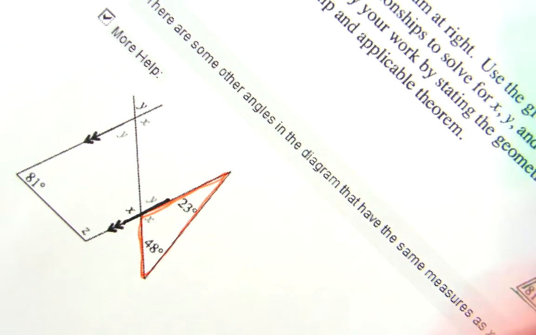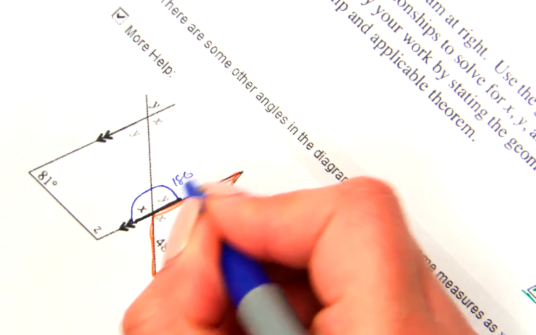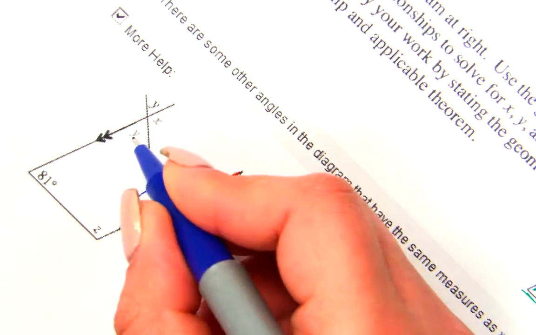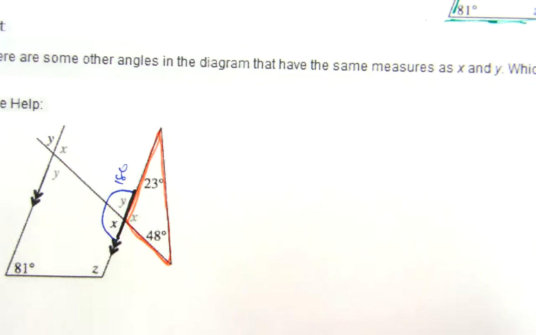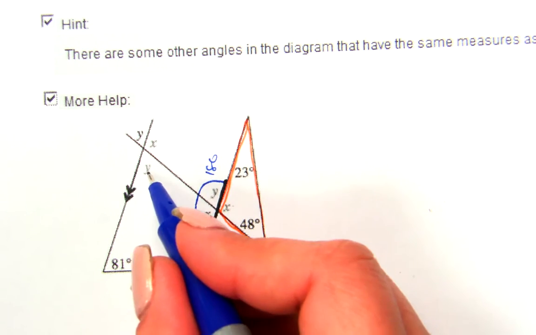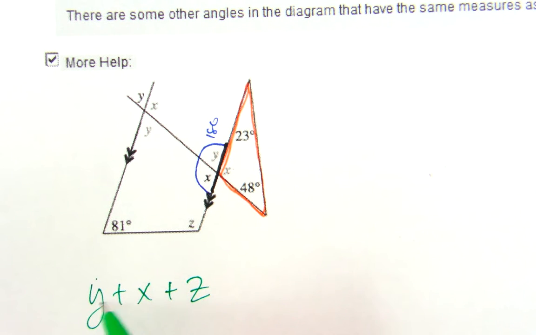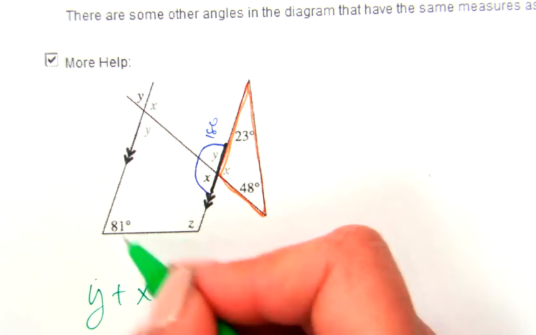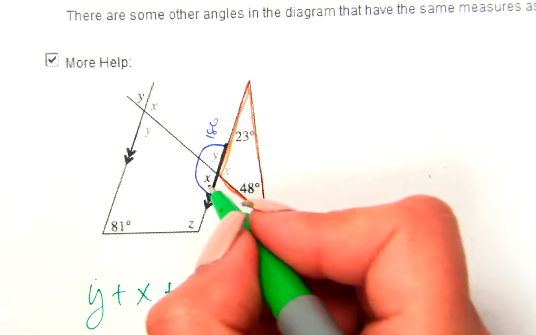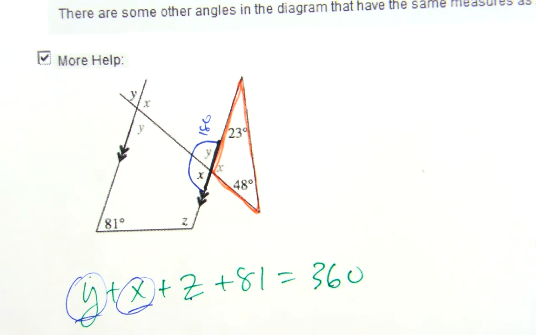Then, since x and y over here are a linear pair, they're equal to 180 over here. Then this y and this y are the same, and that's your y up there. And then once you find your x and the y, technically, the y plus x plus z, you found x and y, so you should be able to just plug the numbers in, plus 81 is equal to 360, since that's a four-sided figure. So you need the actual numbers for x and y to plug in and then find the missing z.